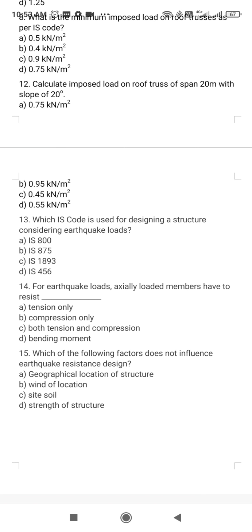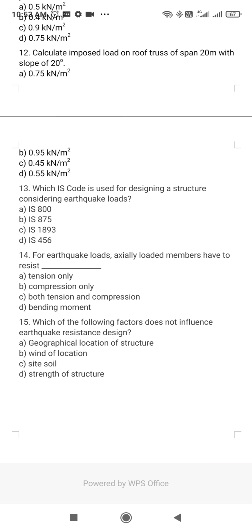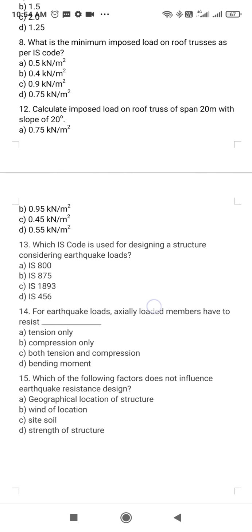You are getting 20 minus 10, that is 10. So 0.75 minus 0.02 into 10. What is the answer? I have the calculator, and the proper answer is 0.55 kilonewton per meter square.